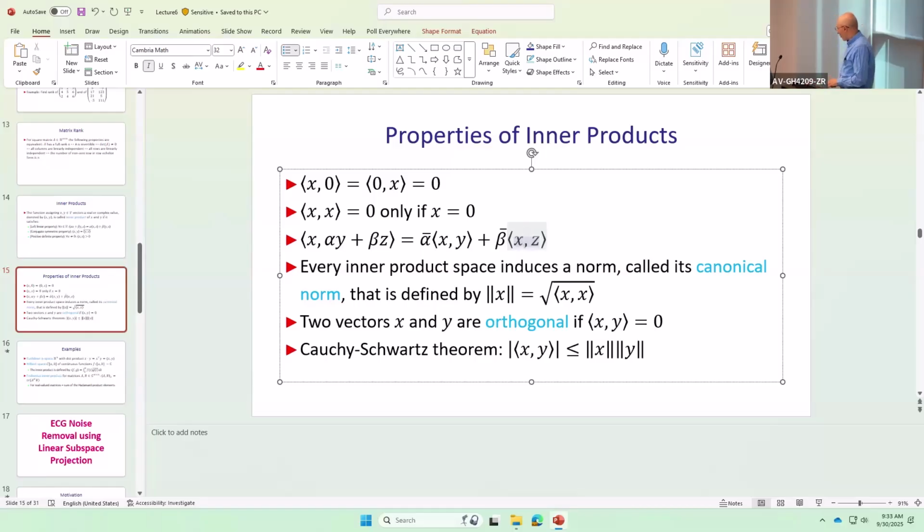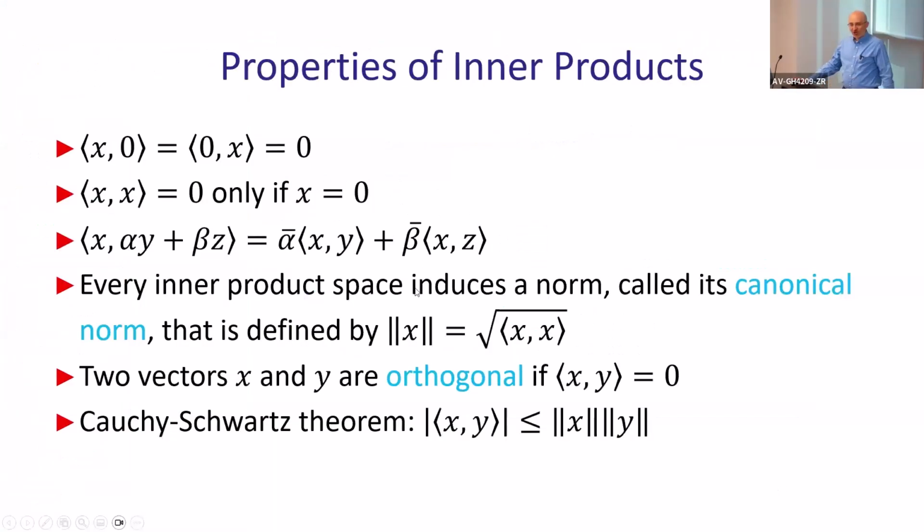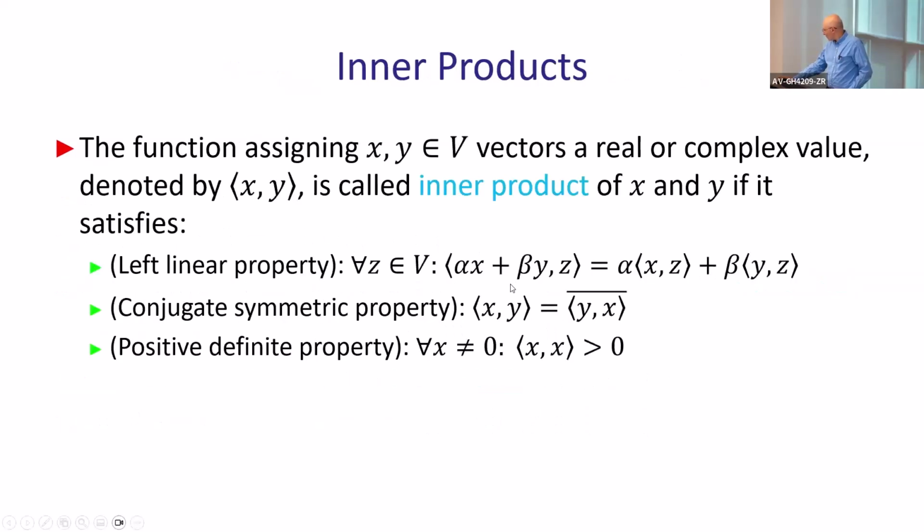Okay, this is the correct one. And the only change is that these coefficients need to be conjugates instead of regular coefficients, with the regular linearity that we saw here. This is without conjugates, and then it is linearity on the right component. This is the conjugate because of that.